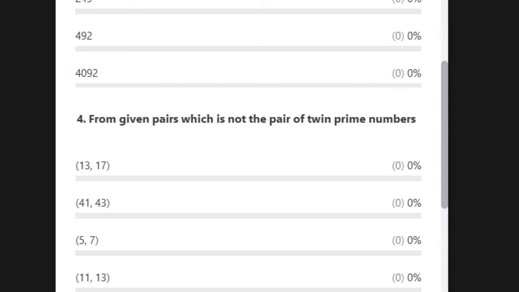From the given pairs, which is not a pair of twin prime numbers? The options given are: A, 13 and 17; B, 41 and 43; C, 5 and 7; and D, 11 and 13.